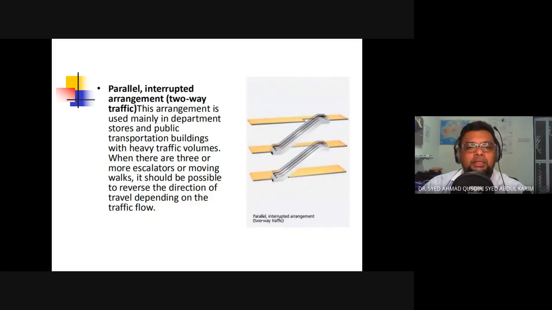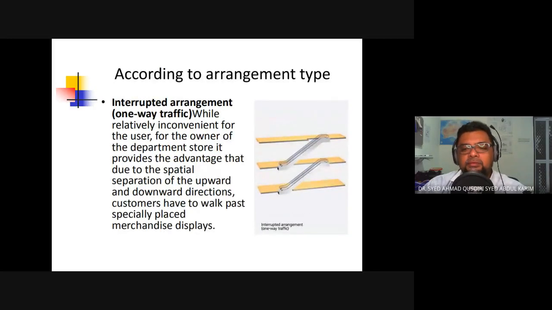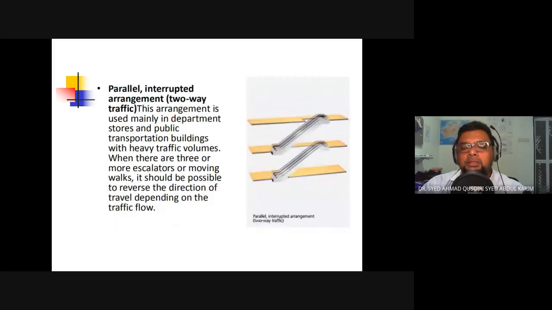This is a parallel interrupted arrangement, two-way traffic. The previous one only had one set of staircase for each level, either going up or down, but this design is parallel, so it has a twin set of staircases. It can be used to move either up or down.